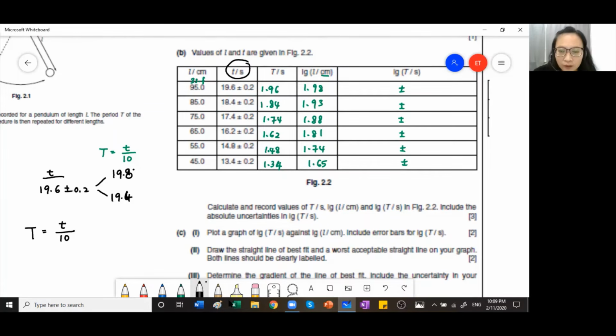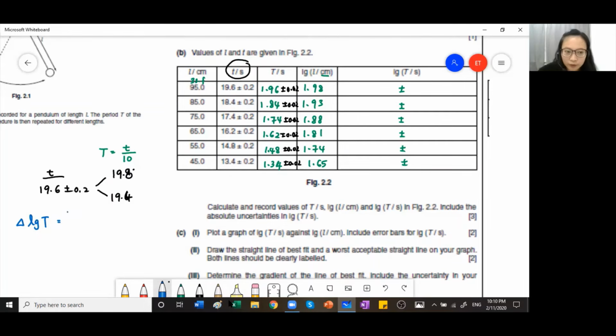So actually the ones that I'm writing in black are the ones that you don't need. I write them here so that it's easier for me. So 0.02 here. All the readings of T are included with the absolute uncertainty of 0.02 here. It's just that you don't write it down. So the simplest way to find the absolute uncertainty of log T, delta log T, you just do it this way.